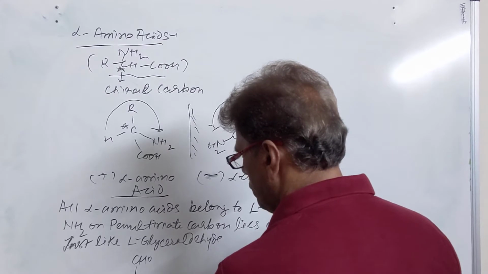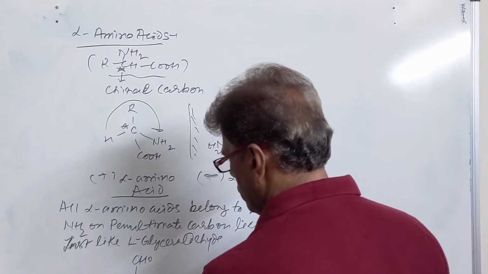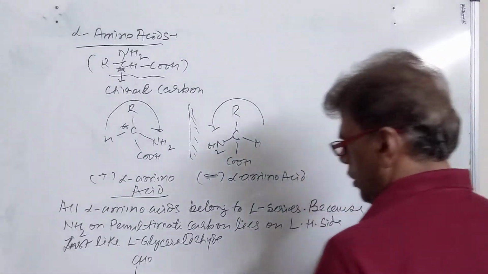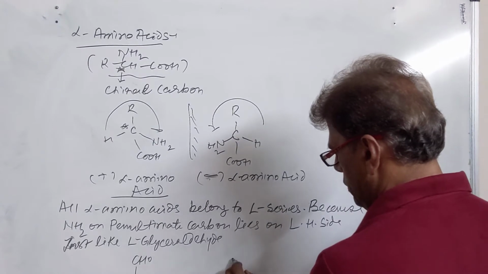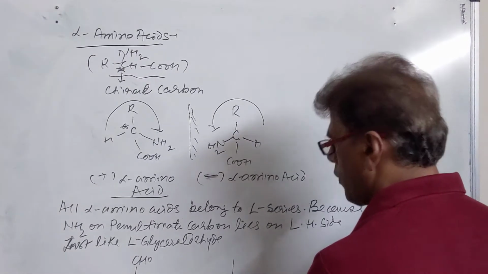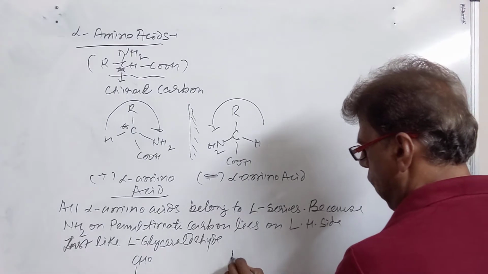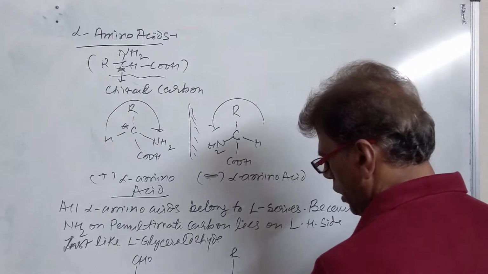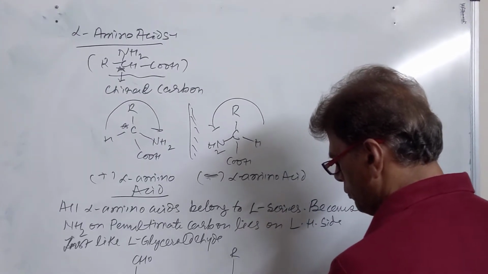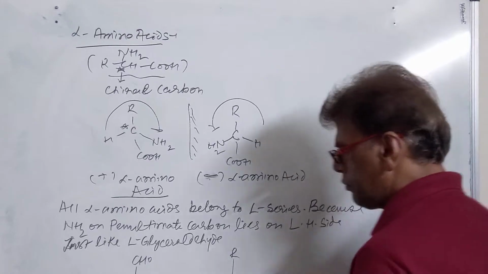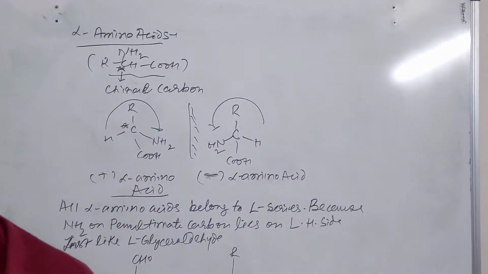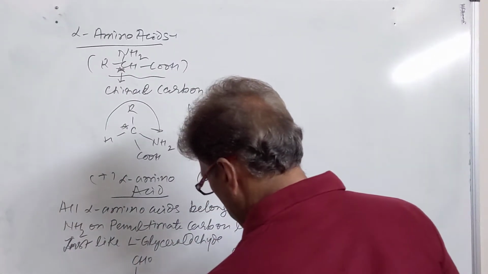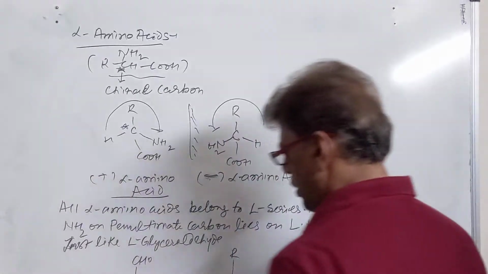This is CHO. Then we have amino acids. They belong to L-alpha. L-glyceraldehyde is a derivative of methyl group obtained by substituting one hydrogen.